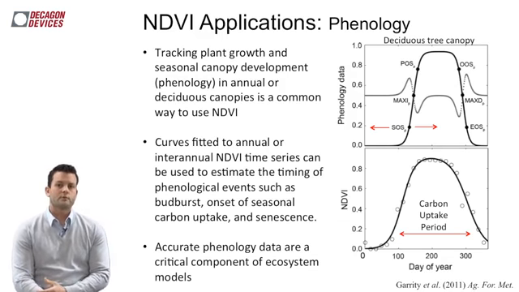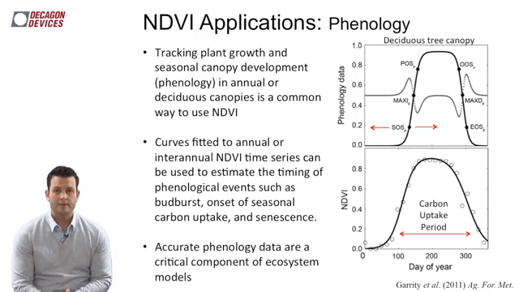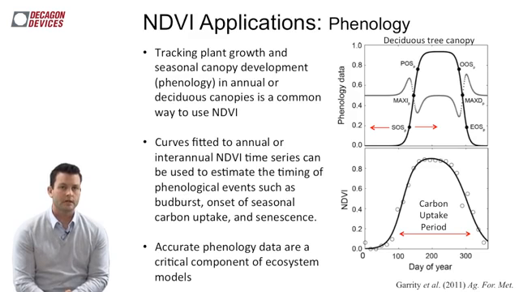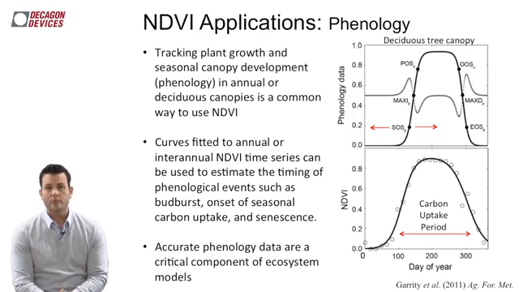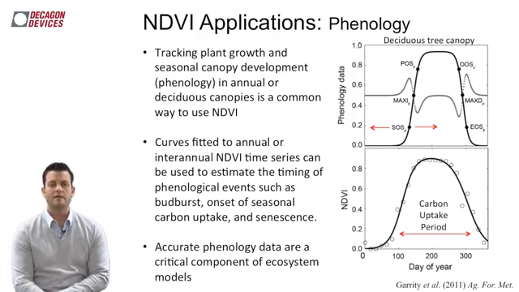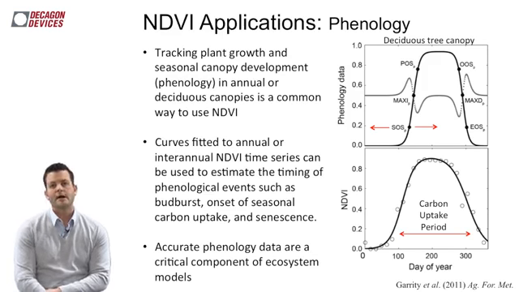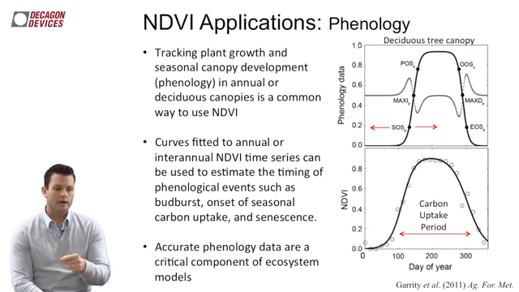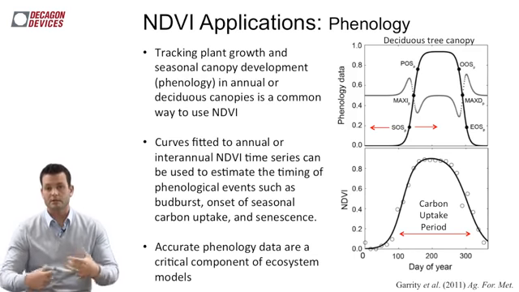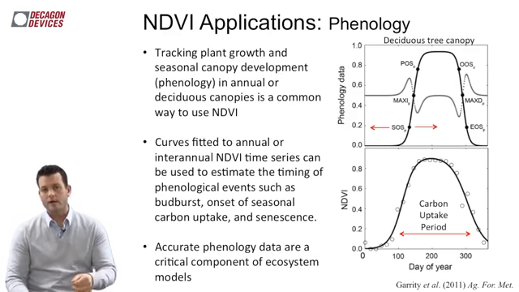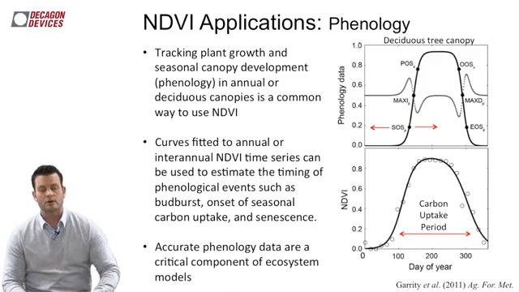So using these curves, we can extract various metrics about the timing of various events. For example, one thing that's been of particular interest lately is the timing of green up, or the start of the season. In the top right, what I'm showing is the SOS metric that's been extracted from an NDVI curve. And that SOS metric is basically saying, okay, when did leaves begin to grow? When was bud burst? When did leaves really start to expand? And we can mark that with a specific date as the start of season.